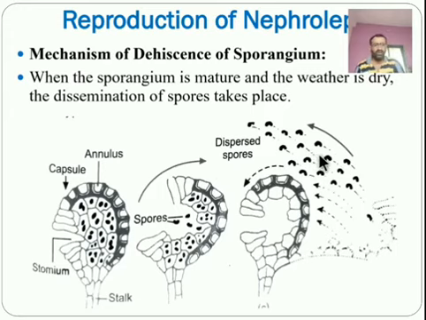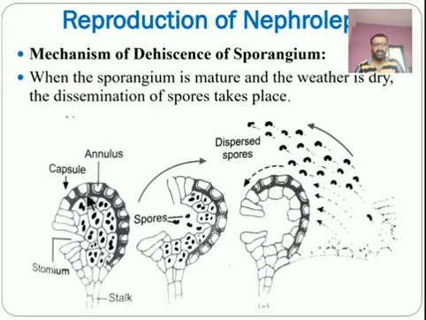All the spores are of the same type, therefore Nephrolepis is known to show the homosporous condition. All the spores are equal and morphologically similar, so they are known as homosporous. In this way, the dehiscence process takes place.